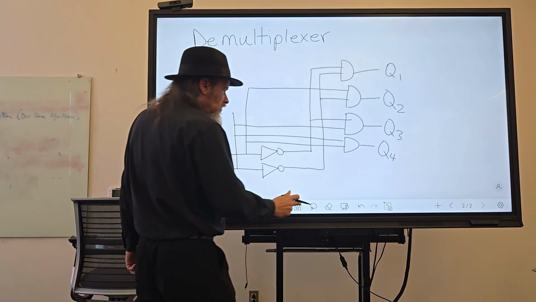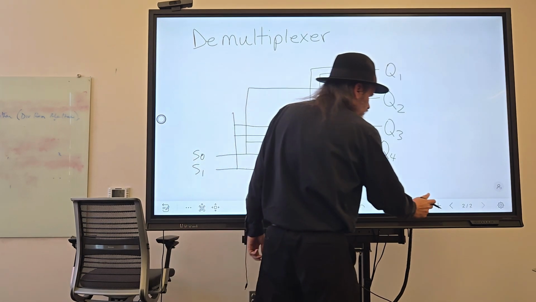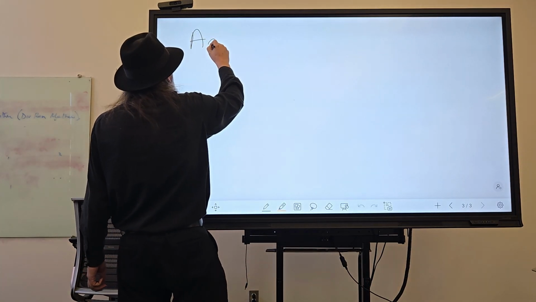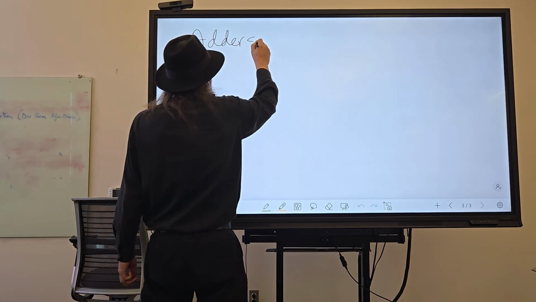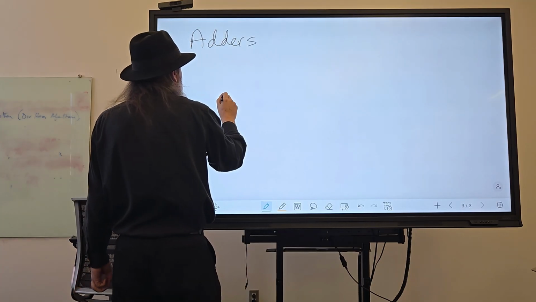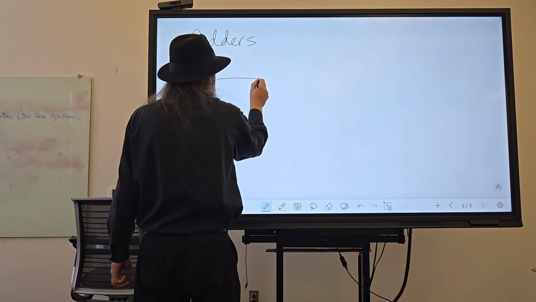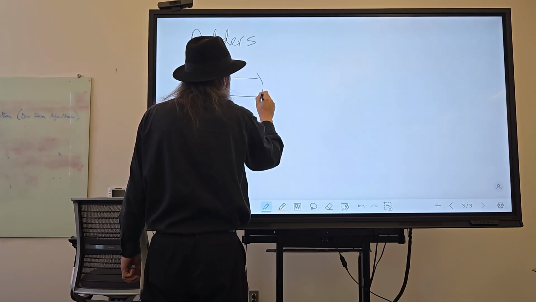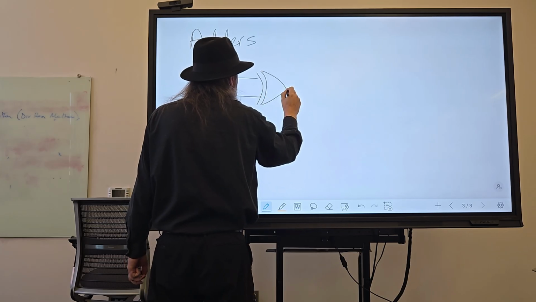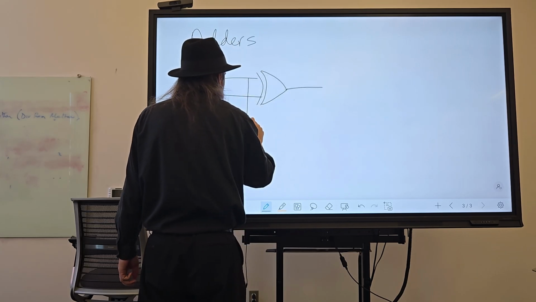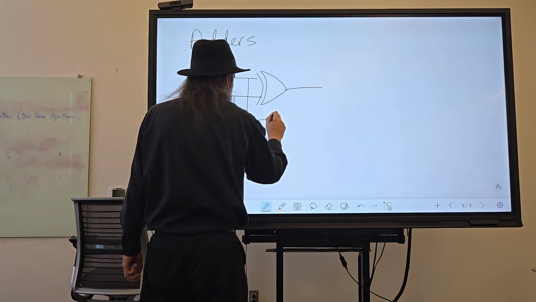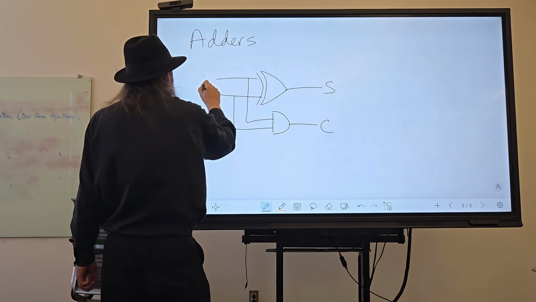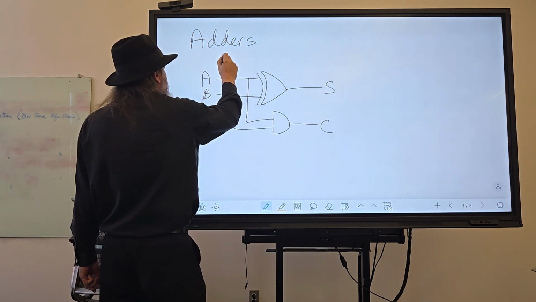Let's see here. Quickly go over adders. You have the half adder.